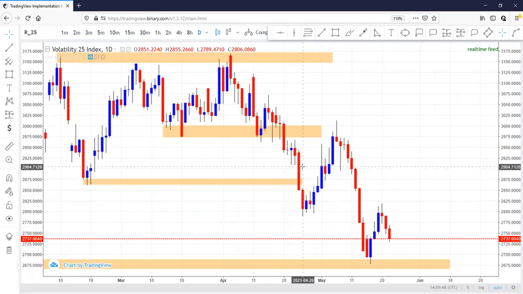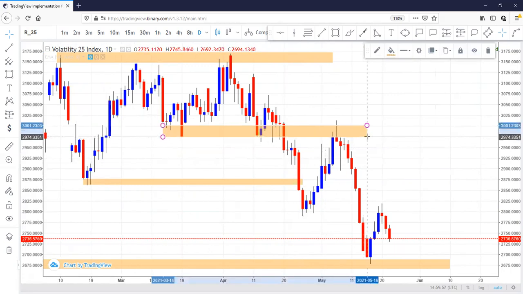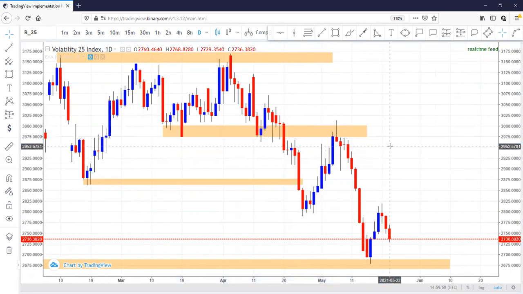We always know that in market structure, whenever price breaks a structure, it has to retest it, then continue to the downside if it is selling. Or it breaks the structure to the upside, drops, retests it, then you look for a continuation. At this point, price pushed all the way to the downside, breaking this structure here.